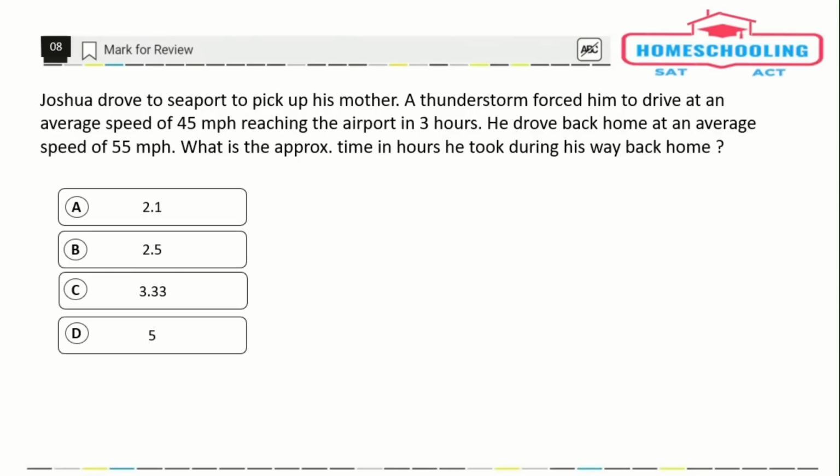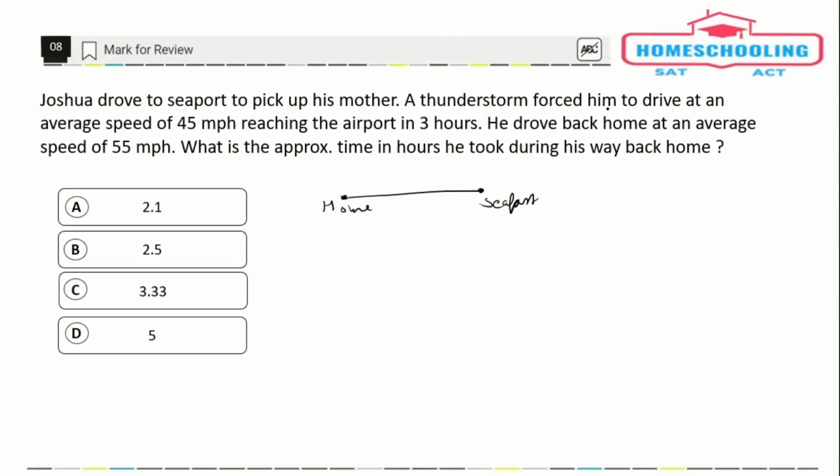Joshua drove to the seaport to pick up her mother. So this is Joshua's home, and he goes to a seaport.